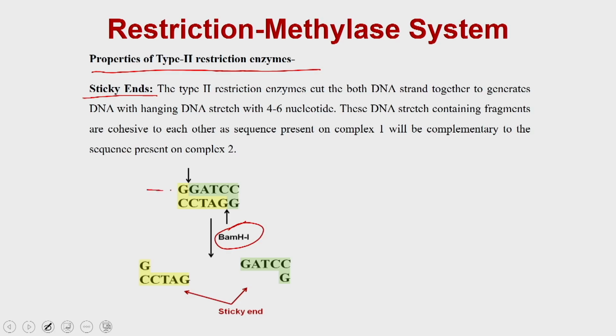So, you can imagine that you have this DNA which contains this particular restriction site, and BamHI cuts just after the G. If you cut just after the G in both directions, this particular fragment will go with this DNA and this particular fragment will go with the other DNA.